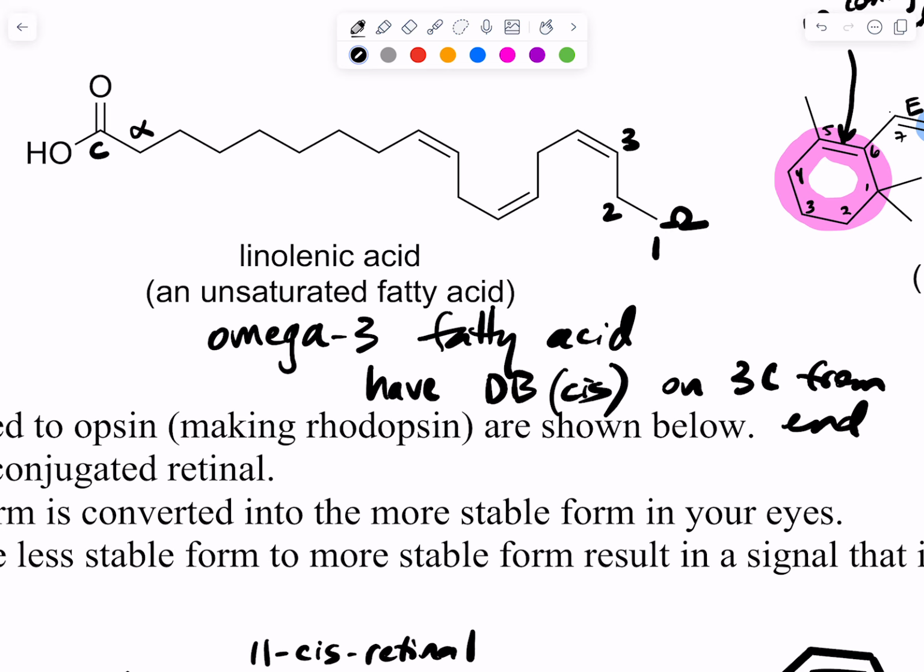What's the big deal with them? What have you heard? There's a lot of potential claims. It's supposed to be good for you. You can now buy eggs that are enriched in omega-3 fatty acids. All they're doing is feeding the chickens stuff that has omega-3 fatty acids in them.